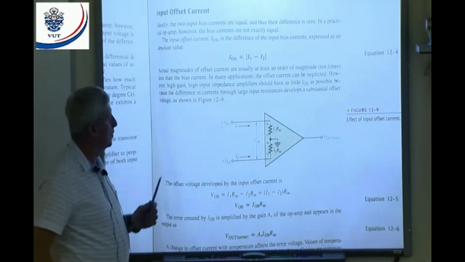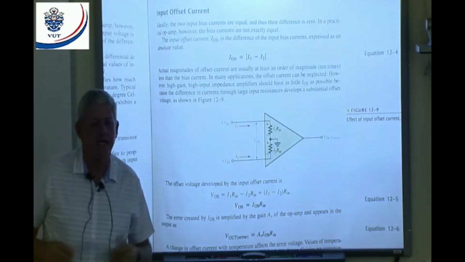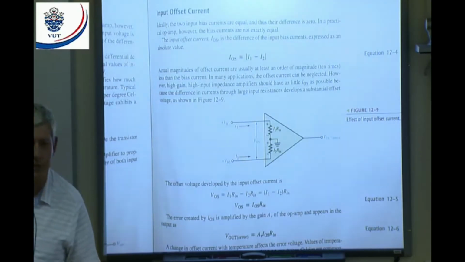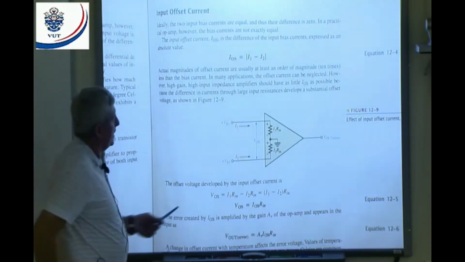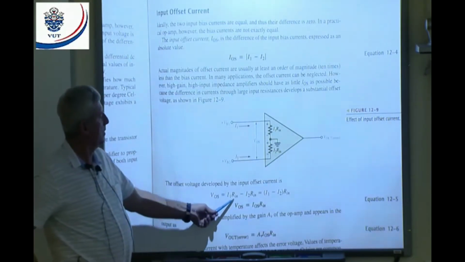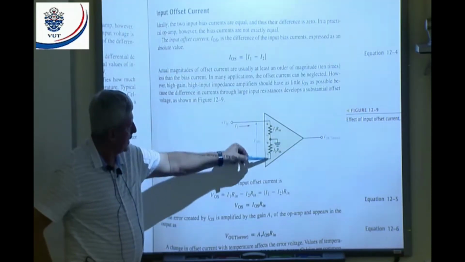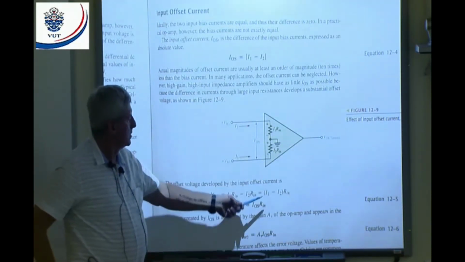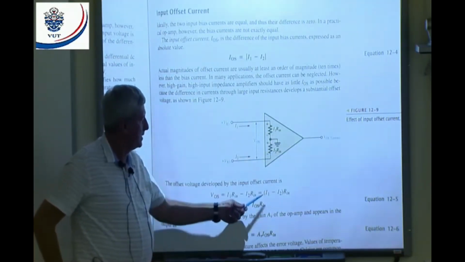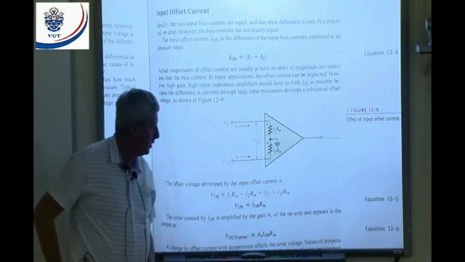And due to that small difference in current, I will get a certain error output voltage, all right? Let's have a look at what they did here. They say VOS is equal to I1 times Rin, that volt drop, minus that volt drop. Because the resistances are exactly the same, I can say it's I1 minus I2 times Rin.